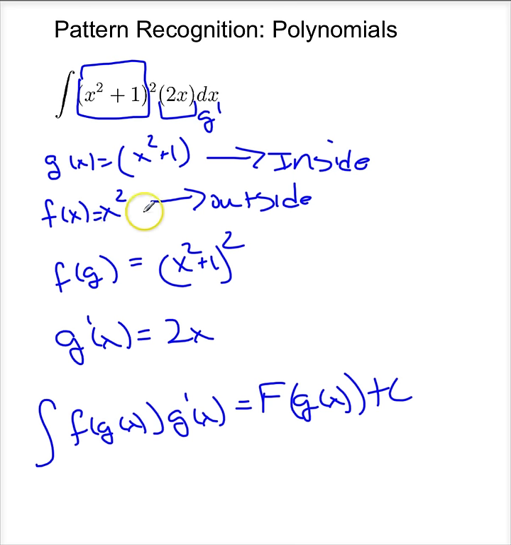Now what is the antiderivative of x squared? Well, the antiderivative of x squared is x cubed over 3. So this is equal to (x squared plus 1) cubed over 3 plus c.